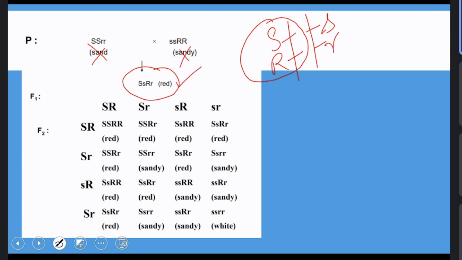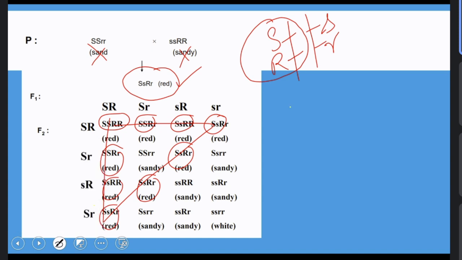So in all these combinations, where there are two dominant genes on two loci, all these are red in color. All these 9 are red in color. And coming to the other one, sandy. How does sandy appear?